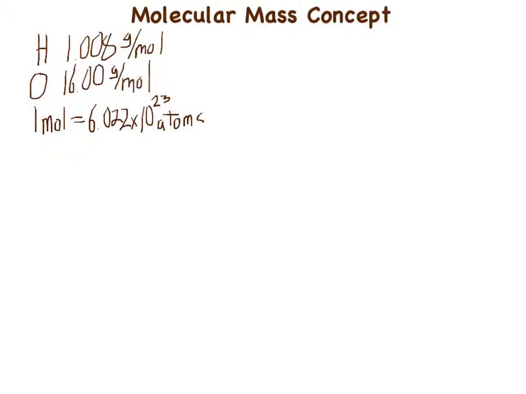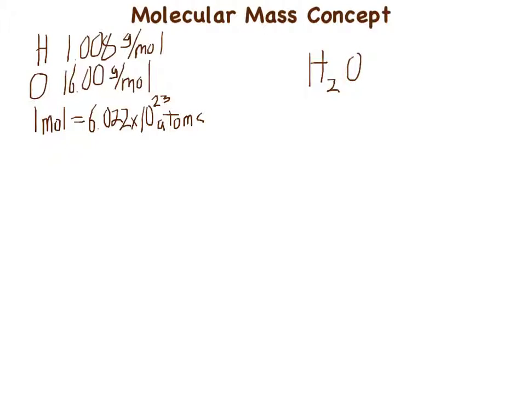Okay, so now we're going to be getting to molecular mass. So atomic mass is easy. You just simply look at your periodic table and look up the atomic mass, which will be the molar mass of that element. Let's say you needed to know the molar mass of, let's say, water. Simply all you have to do is add up the atomic mass of every single element in there.